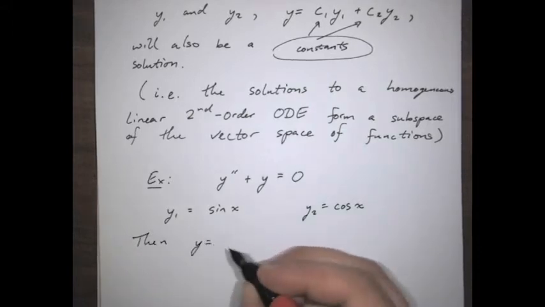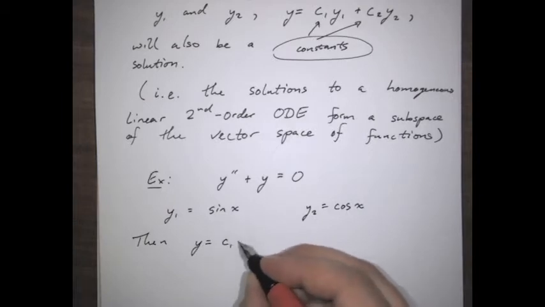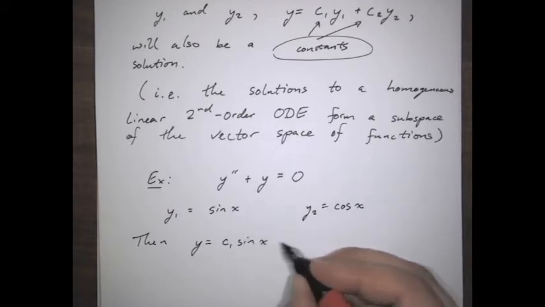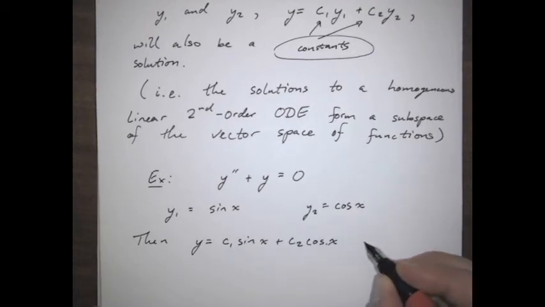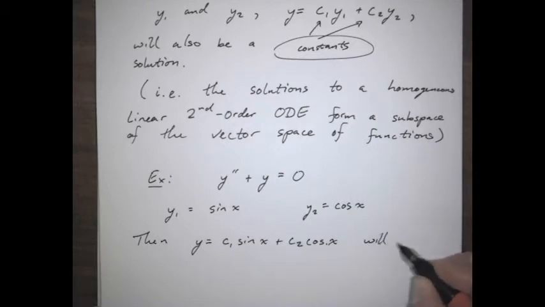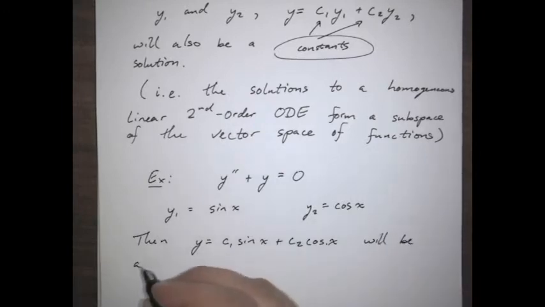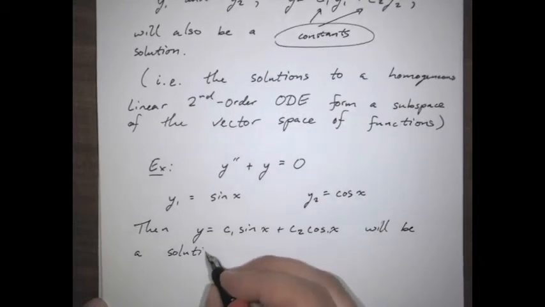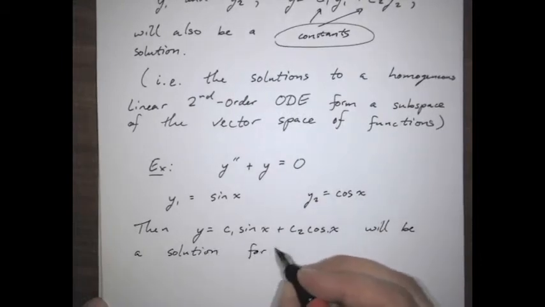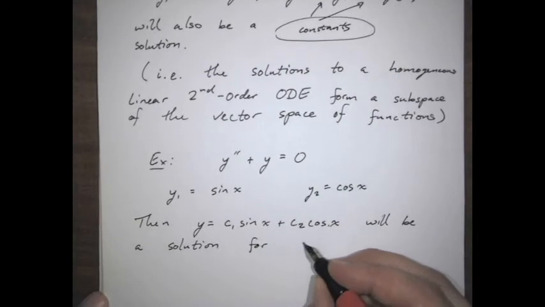Then any y which equals c1 sine x plus c2 cosine x will be a solution for any real numbers c1 and c2.